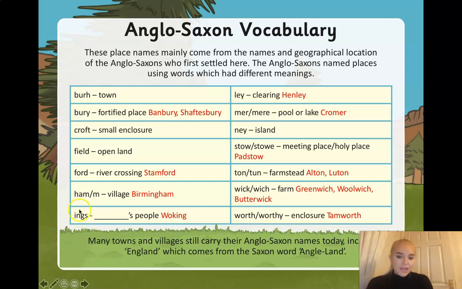Let's look at this one down here because this one's pretty interesting. If a place ends in ing or ings, it means that it belongs to someone's people. So if we take the place Woking, now Woking is named after something. You're going to learn this in your learning today. But in the Anglo-Saxon day, if it ended in ing or ings, it meant that it had a specific leader of that place.